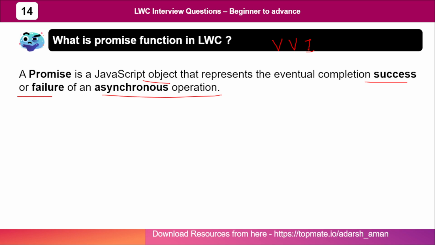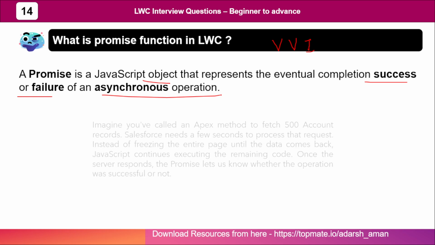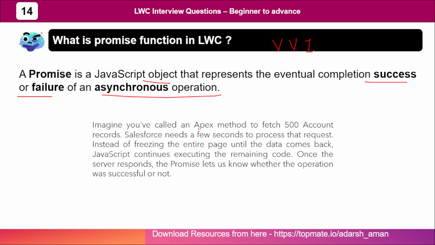Let's understand with the help of an example what asynchronous operation means and what a promise means in general. Imagine you have called an Apex method from LWC to fetch 500 account records. Salesforce needs a few seconds to process that request. Whenever you call any Apex method from LWC, Salesforce will generally take time.